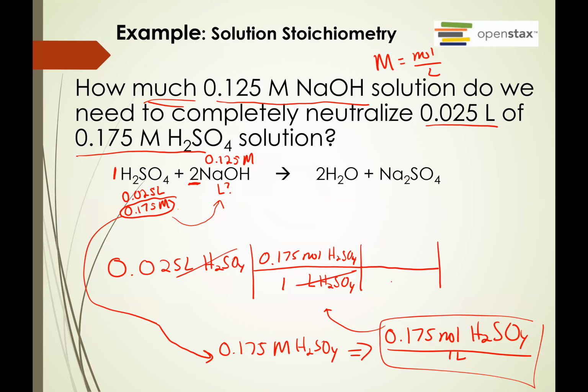H2SO4 has to go on the bottom, 1 mole of H2SO4, because these units have to cross off. So if our 1 mole of H2SO4 goes on the bottom, what's going to go on the top? 2 moles of NaOH. And again, that's coming from our balanced chemical equation. The reason we had to do this is because they gave us H2SO4, but asked for NaOH. So in the middle, we have to do a mole ratio.